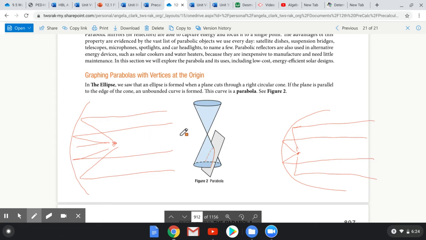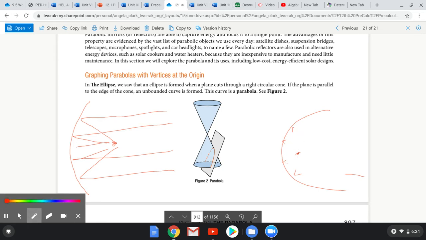But it works the other way around too. If something is emitted from the focus and hits the parabola, it will bounce straight forward, always in a straight line forward.